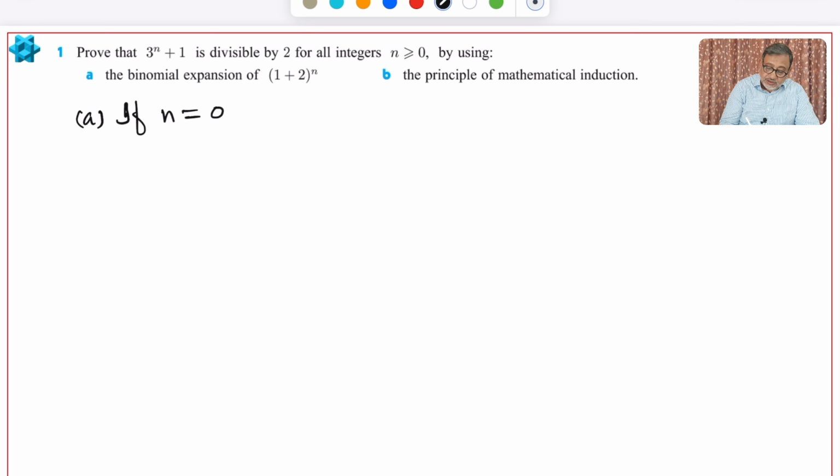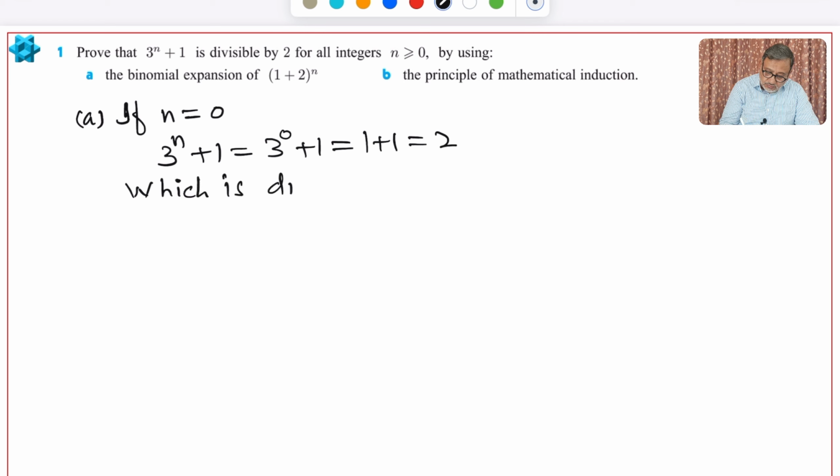So 3 to the power n plus 1 will become 3 to the power 0 plus 1, which will be 1 plus 1 means 2, okay, which is divisible by 2, isn't it? Right?